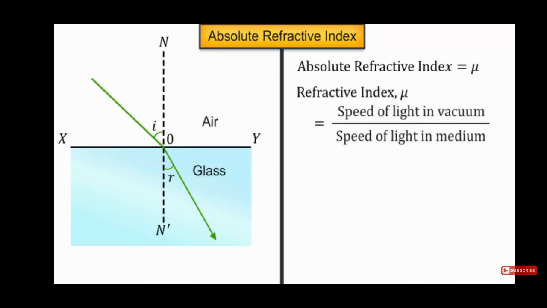Refractive index is just a number and is significant even though it does not have any unit, because the value of mu of a medium indicates the extent to which a ray of light bends on entering the medium at a given angle of incidence. The refractive index of a given medium is constant and does not have any dimensional formula. You will learn about refractive index in detail later in the course.